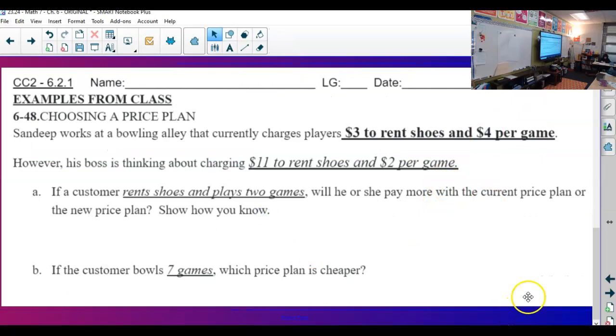I made sure that all of your bins are restocked with highlighters because it's pretty darn important to highlight the important information.